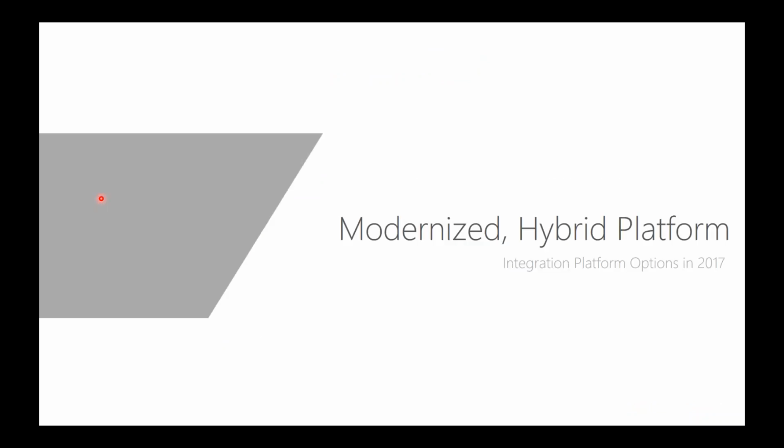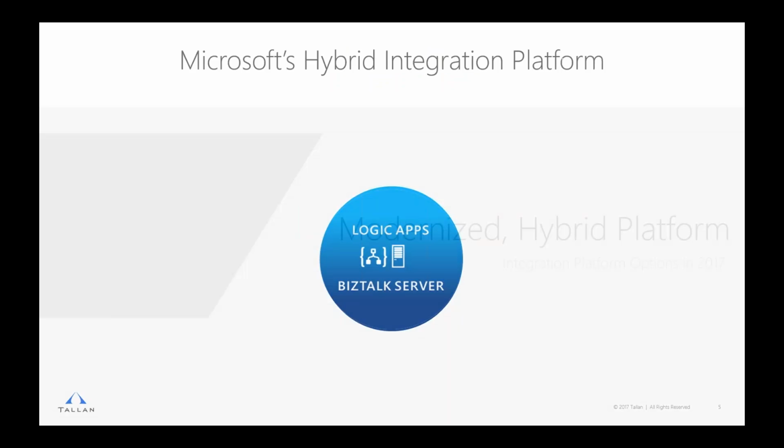Okay, so let's dive right into the first area, Modernize hybrid platform. From Microsoft's perspective, when we talk about a hybrid integration platform, today when we talk about integration, it's typically centered around BizTalk Server.